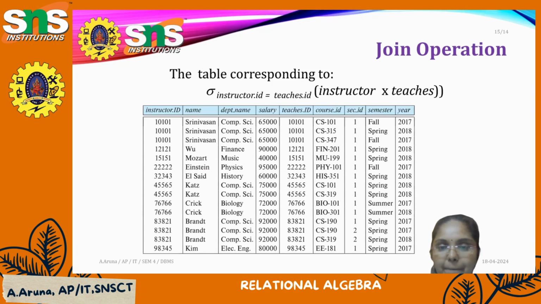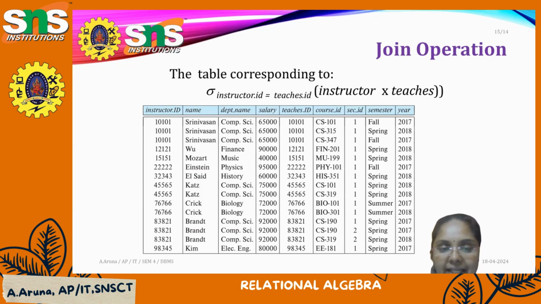For example, if I want to find matches, in that particular semester, which faculty are taking classes, I have to take that out. For that, I have to use this particular symbol. This particular symbol can be used for select.